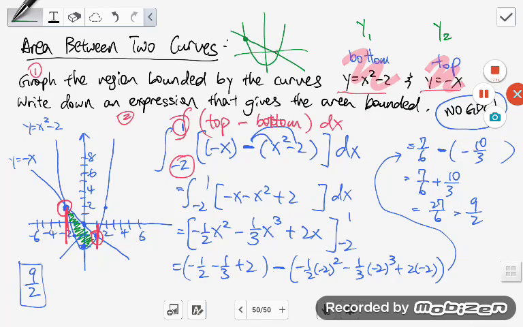And you can use the intersection function to find the two intersecting points. From there, you have your lower and upper bound, and then all you have to do is use the integral function in your GDC to find your area. So much faster with the GDC.